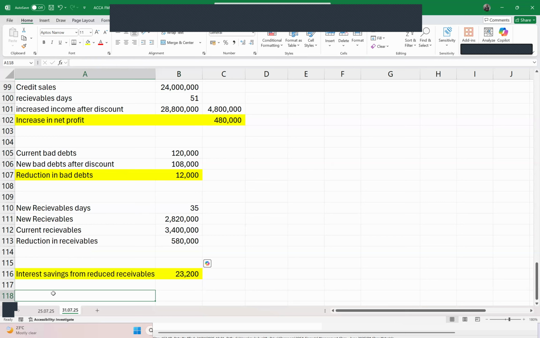And then one more thing is that since you are giving a discount, you also have the cost of discount.